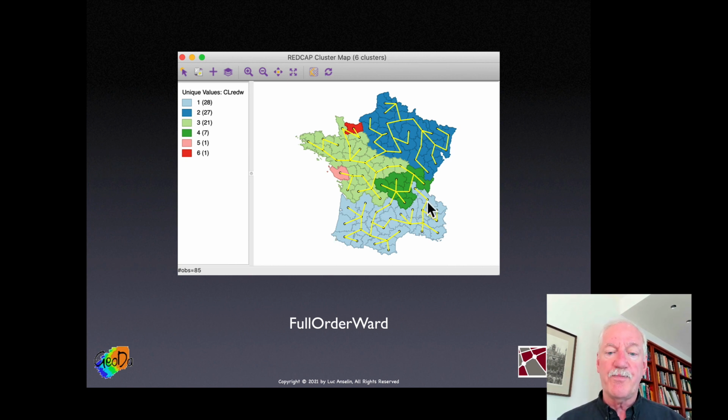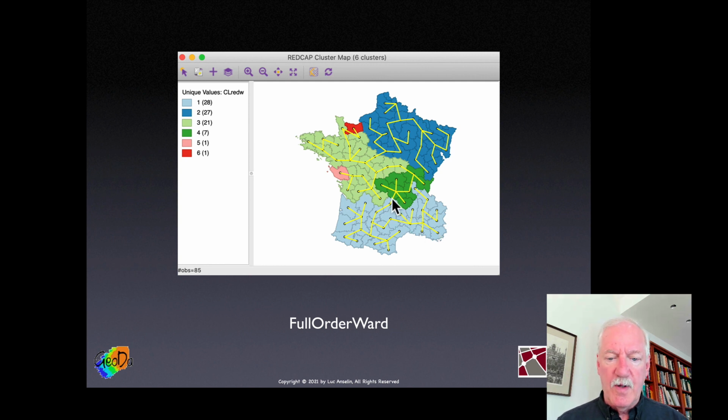In yellow, you see the minimum spanning tree that is constructed from the dendrogram, and then you can also see where the cuts are made. So that's a way to see how the structure of the clusters comes into being by means of the different cuts.